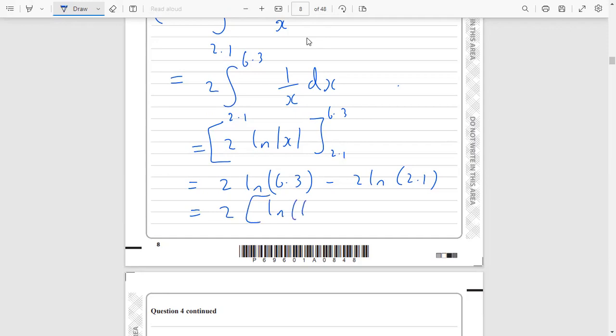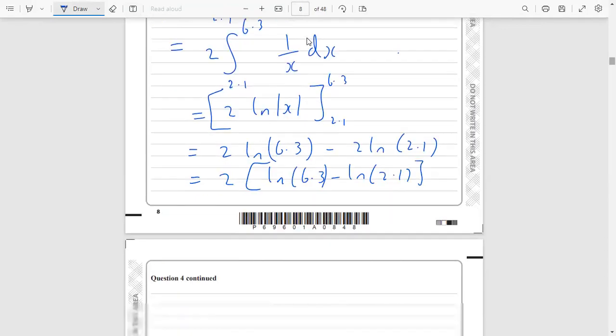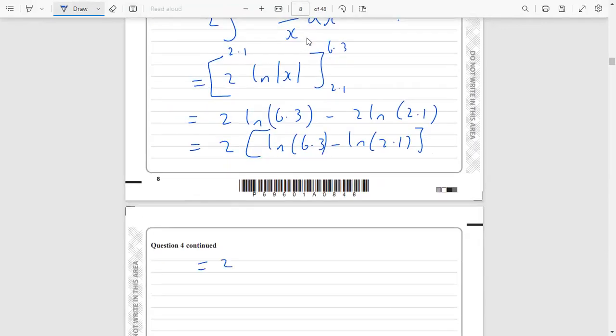So this is equal to 2, and then using our laws of logarithms, ln 6.3 take away ln 2.1. Remember, when we subtract logarithms, we can divide the insides of those logarithms. So it's going to be 2 times ln 6.3 over 2.1.